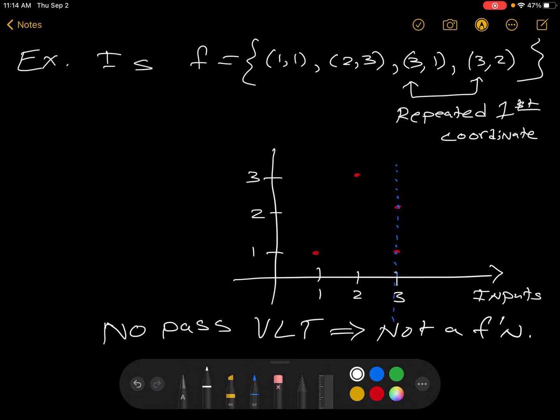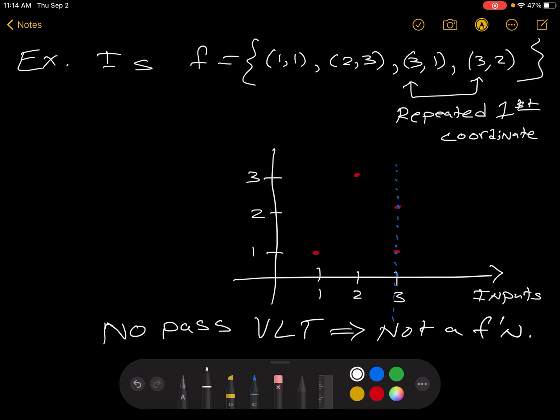And so if you have a set of ordered pairs, and each one of the ordered pairs is different, but there is a repeated first coordinate, then you know it's not a function. Because if you were to graph it, you would come up with something that doesn't pass the vertical line test.